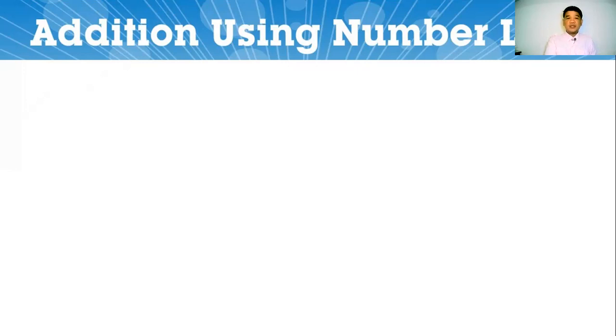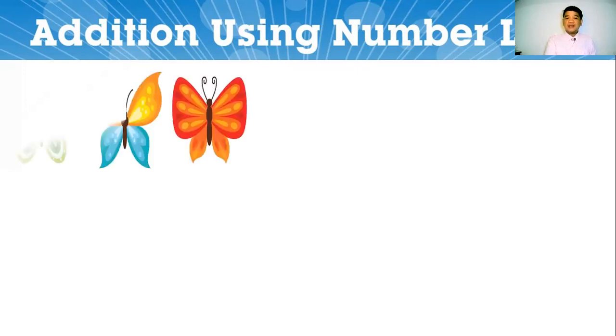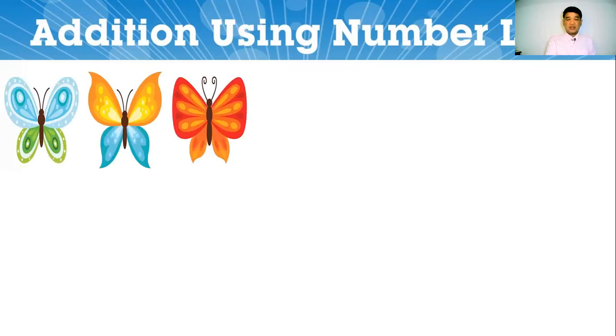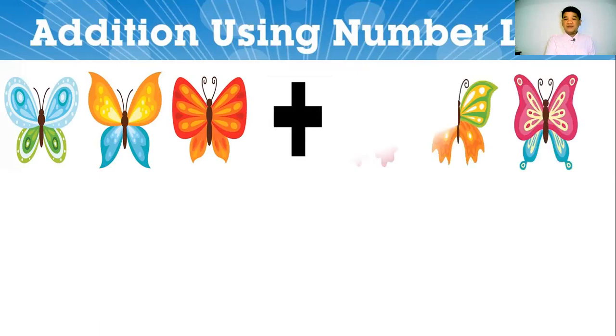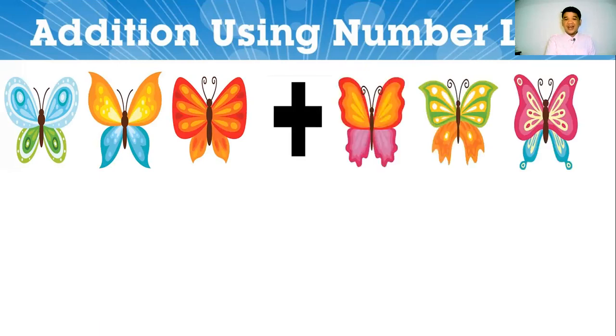All right. Given number 2, still using the number lines. Look at the butterflies. Let us count the number of butterflies. The first object we have here is 3 butterflies, plus another group of butterflies. Okay, let us use the number lines.